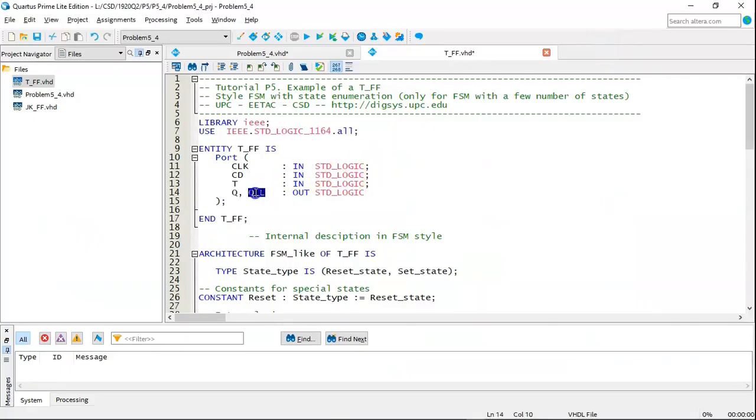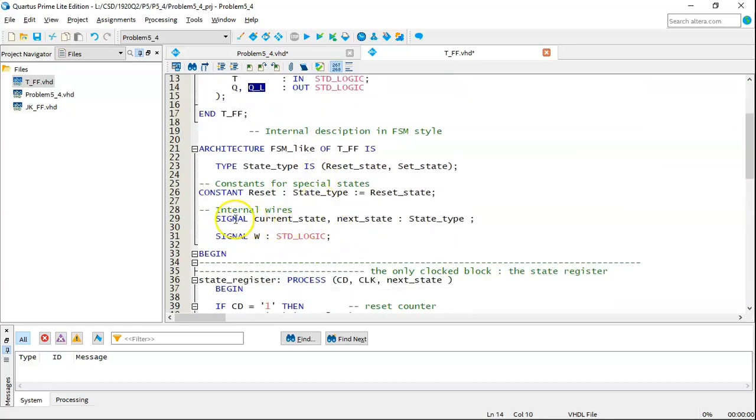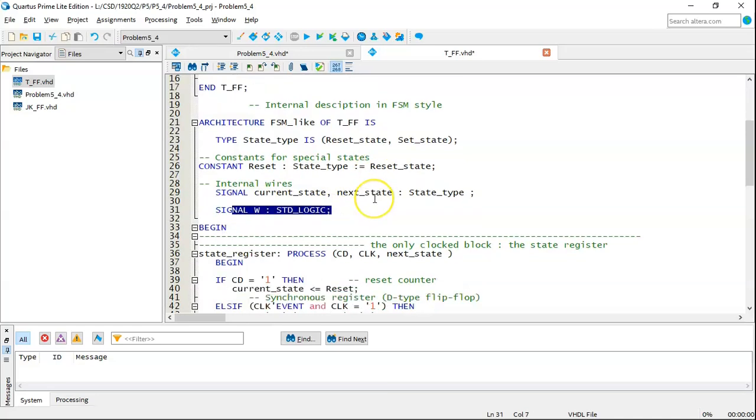So now that you know what you have to do with the T flip-flop, you add the QL, and down here you see you have the signal current state and next state and the signal W, now standard logic, right?